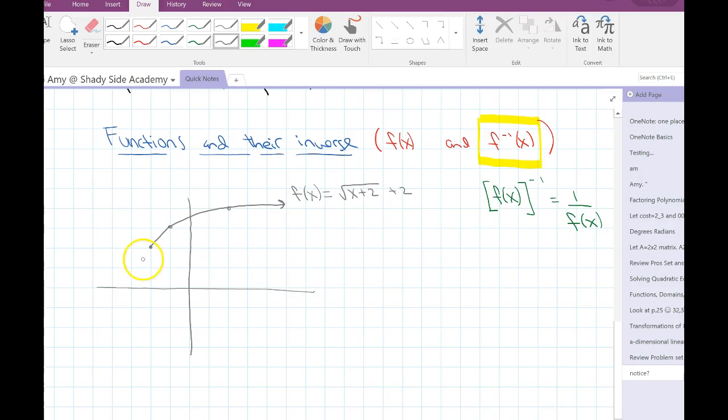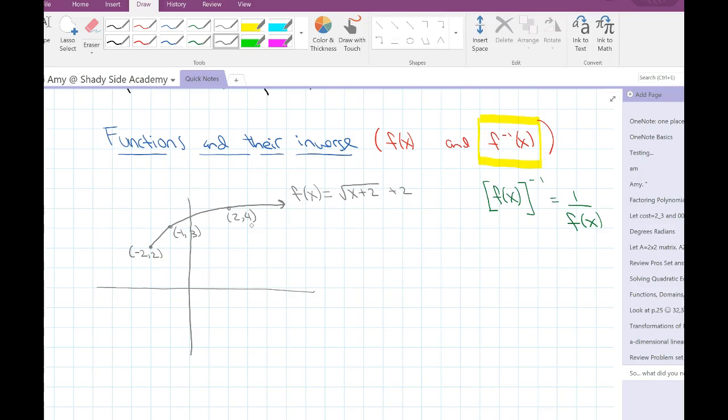And I'm going to label just some points here, might as well. This is 2, 4. Okay? First I'm going to talk about a function and the inverse of a function. I'm going to talk about the inverse of a function from a graphical perspective. All right?